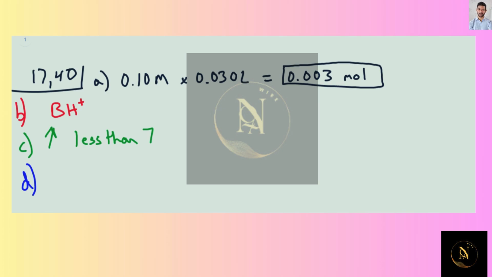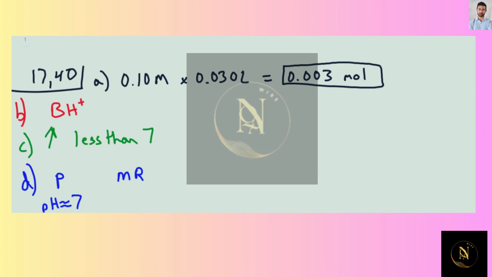And then in part D, they ask us which indicator, phenolphthalein or methyl red, is likely to be the better choice for this titration. Phenolphthalein, we know, has its color transition roughly around pH equal to 7.